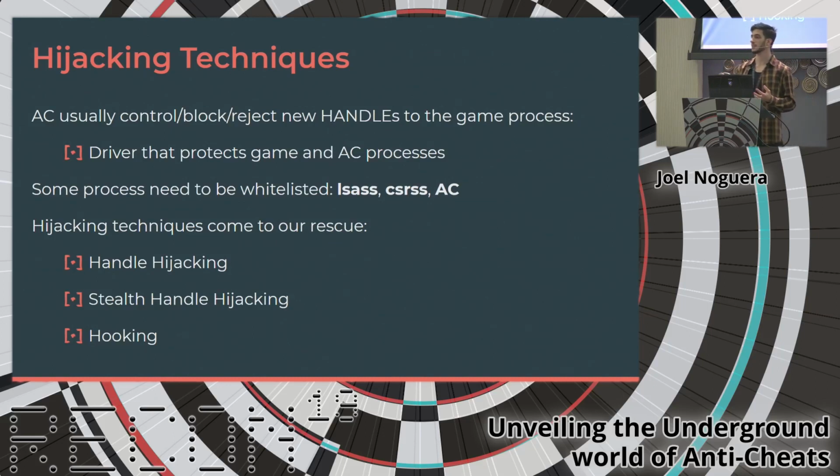But there are some exceptions, like LSASS or CSRSS from Windows, which, if they don't have a handle to a process, the system just crashes. So this has been a problem for quite a long time for anti-cheats, until they discovered that by downgrading the access of the handle, they could keep the handle from these protected Windows processes and maybe integrate with the system and control some of the stuff going on in that process.